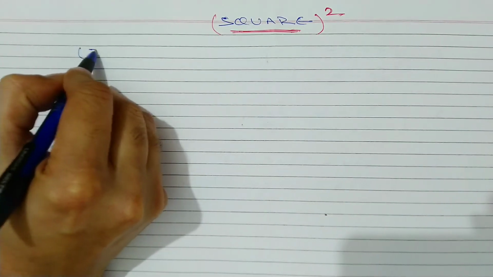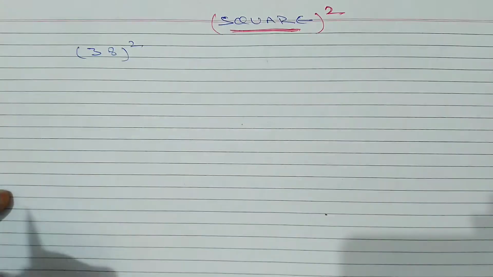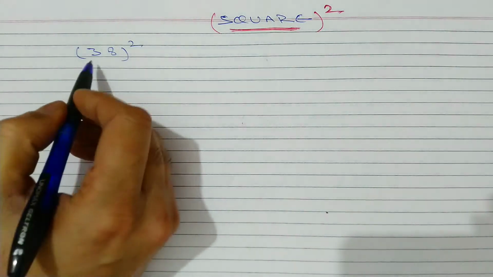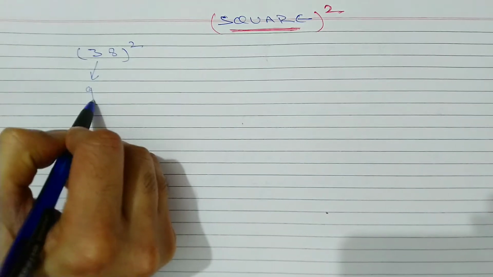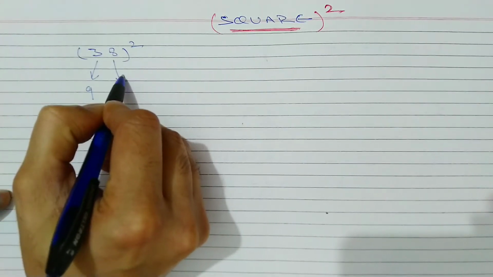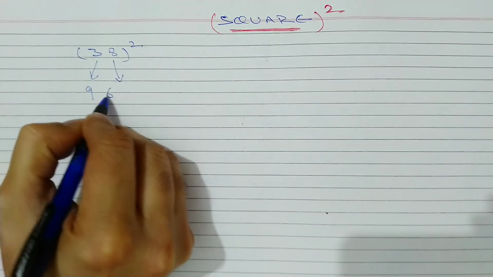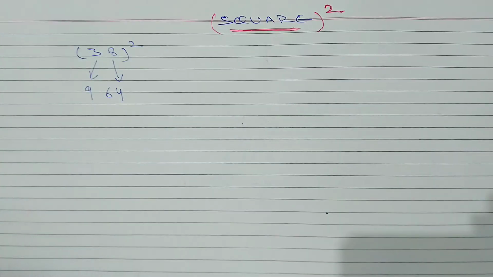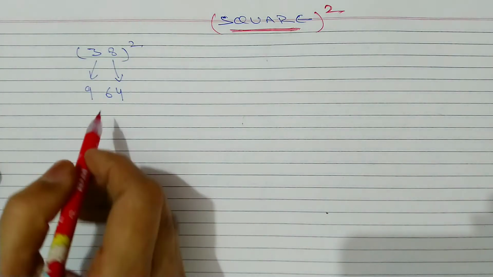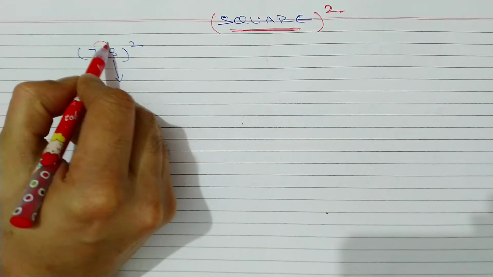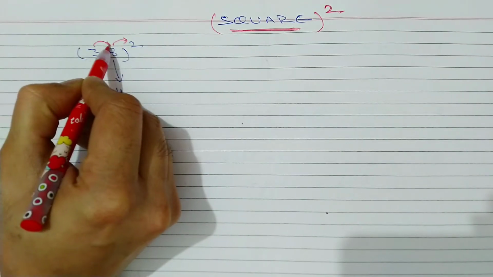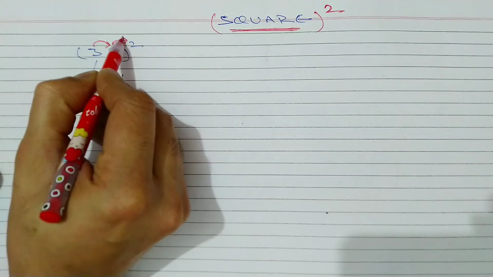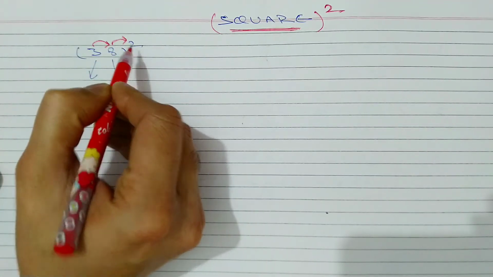Find the square of 38. Now the square of 3 is 9 and the square of 8 is 64. Now multiply 3 into 8, 3 into 8 is 24, 24 into 2 is 48.